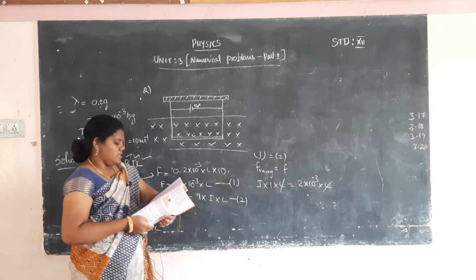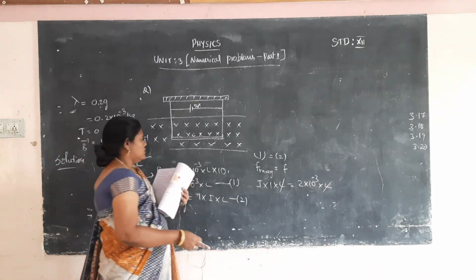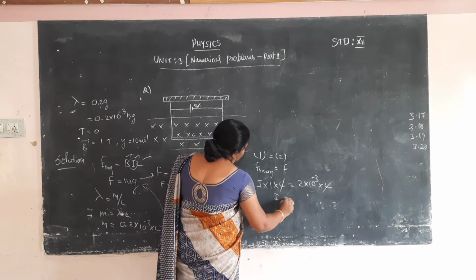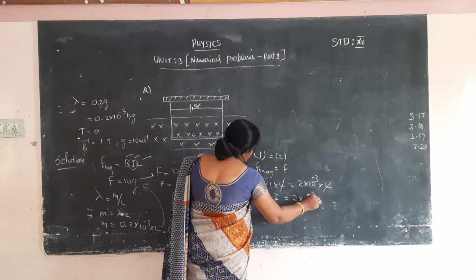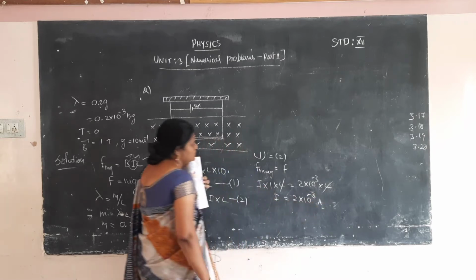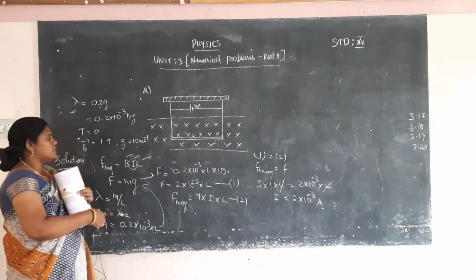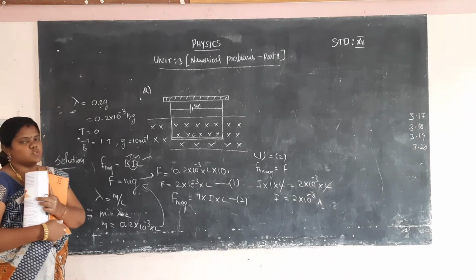We want I. So I is equal to 2 into 10 power minus 3 ampere. So this is the easy way to solve this problem.